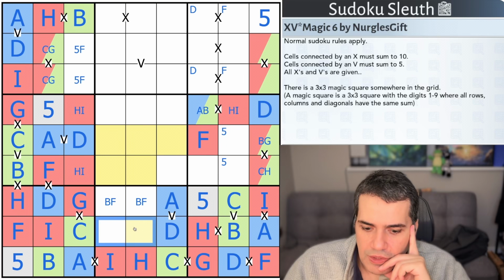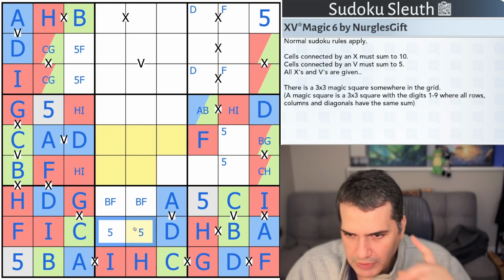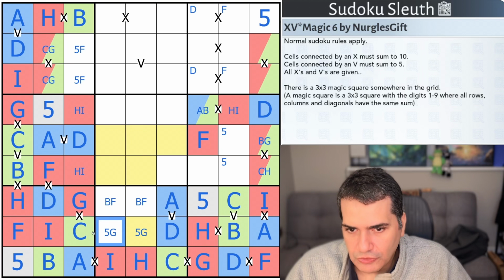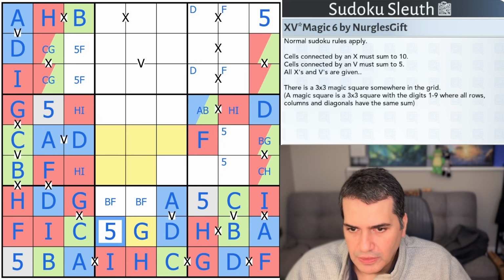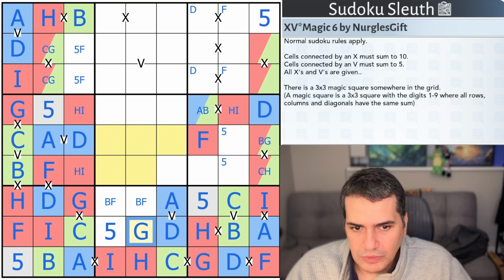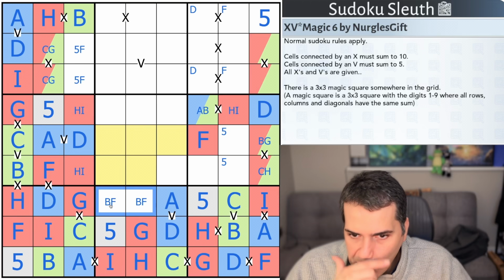This is 5 or G apparently, and G cannot be here next to C. So that's G. That's 5. That removes yellow as an option here. This is grey, this is red. This is green, red. Not going to pencil mark.